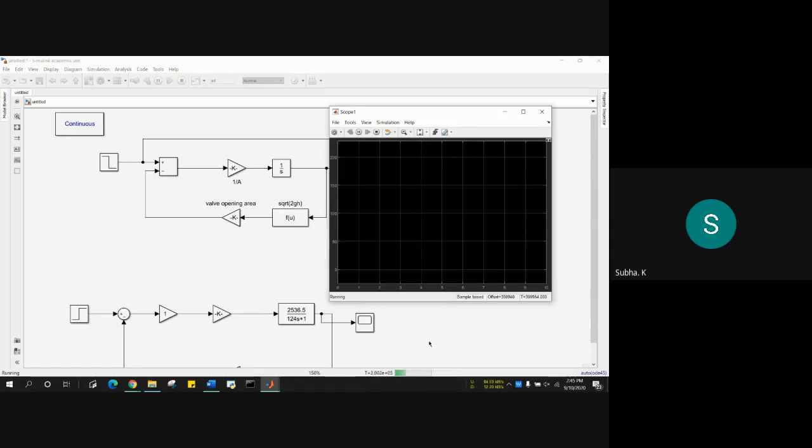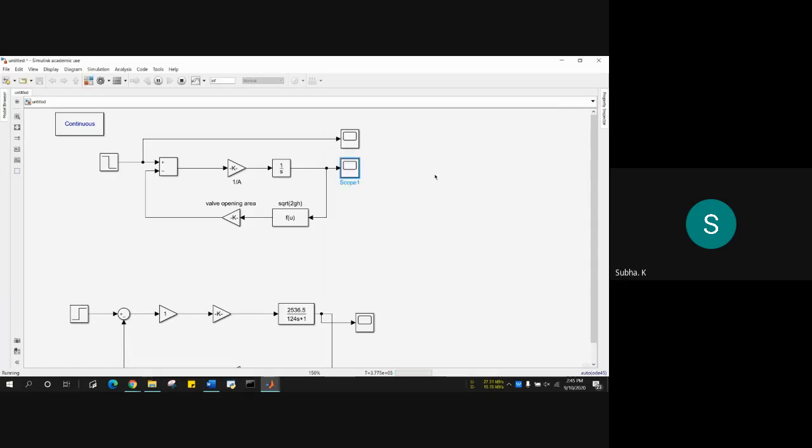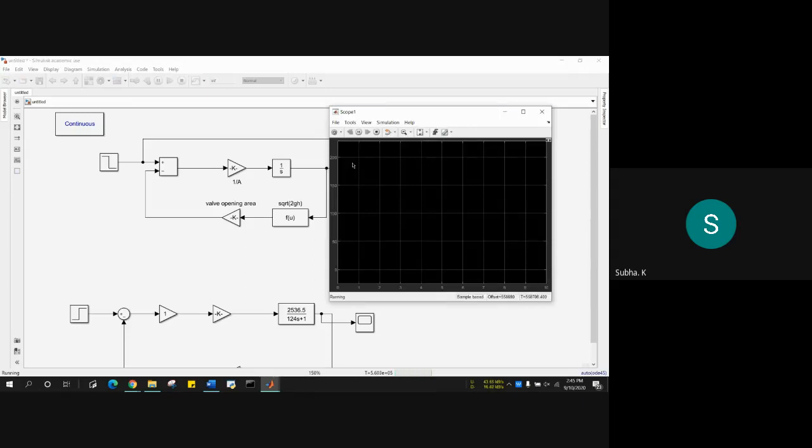No, you put it to the other option on the top toolbar. No, same scope only. Open the scope. Okay. On the top, there is one arrow mark, square arrow mark. No, next one. Next one, the zoom button.